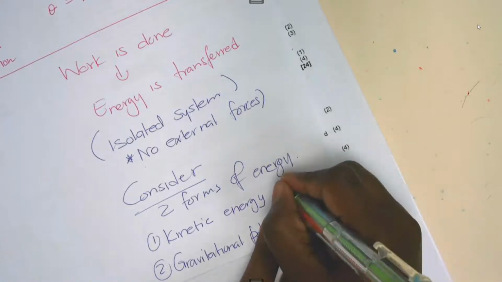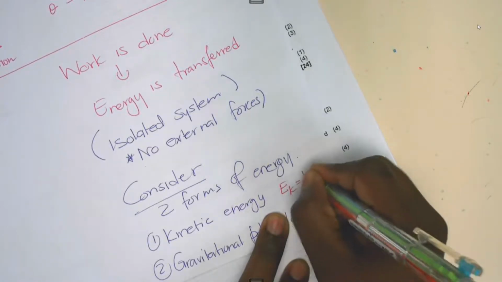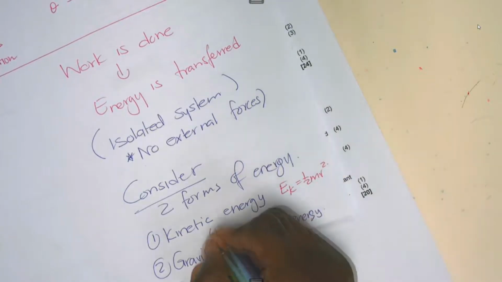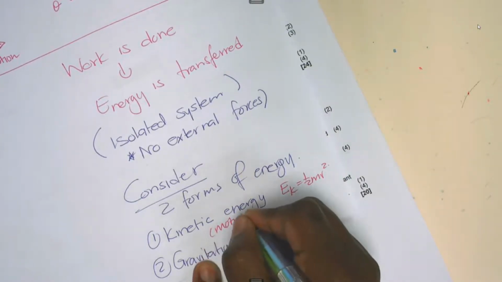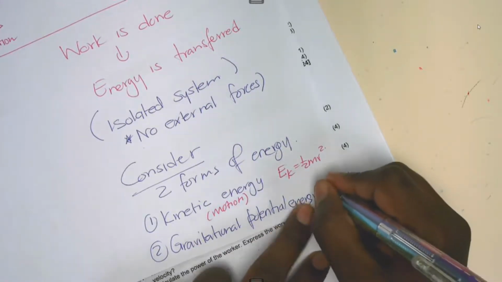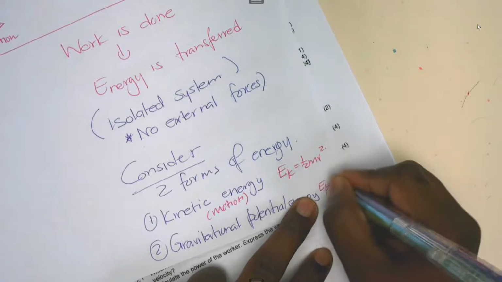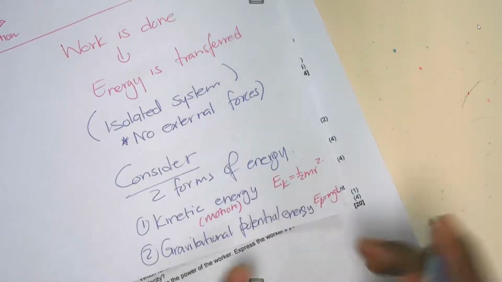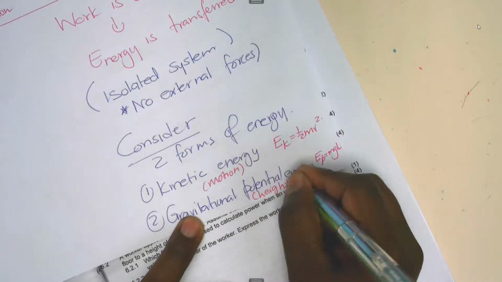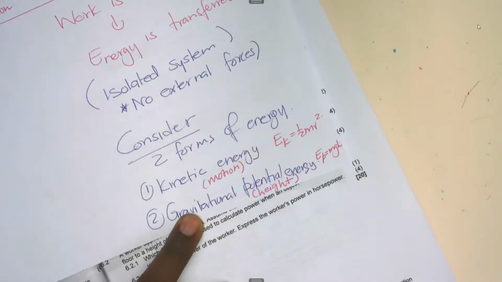Kinetic energy has the formula EK is half mv squared, and we must think motion. For kinetic energy, you must think motion, and gravitational potential energy is EP is mgh, and you must think here, height.